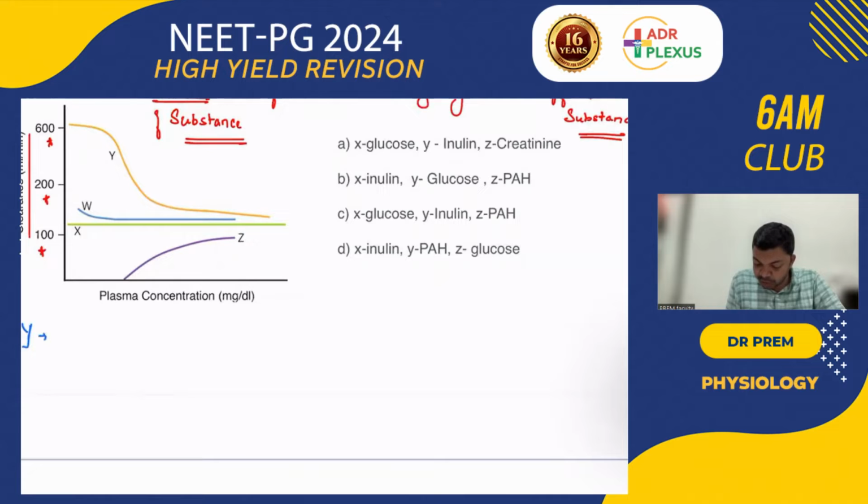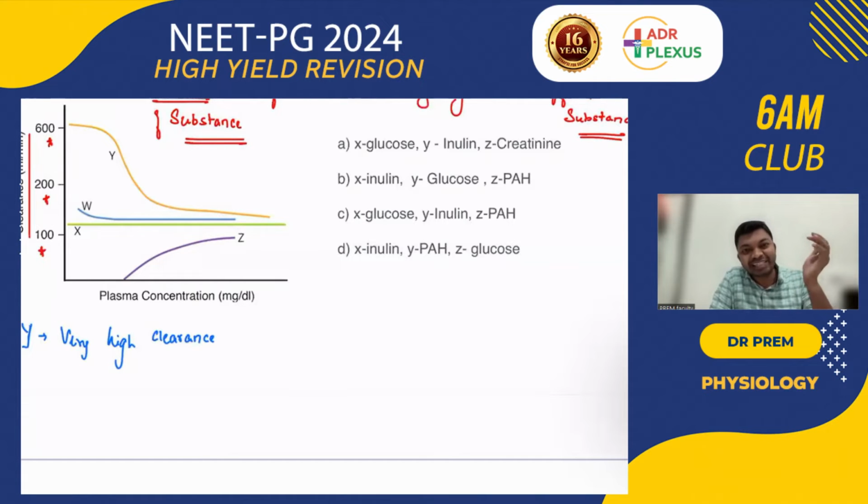This molecule Y has got a tremendous amount of clearance. All right. It has got very, very high clearance, which means it gets eliminated from blood through the kidney, which means this substance gets filtered in the glomerular capillaries. It is also getting secreted from the peritubular capillaries as well, which is why the amount of blood which is getting purified of the substance is very high.